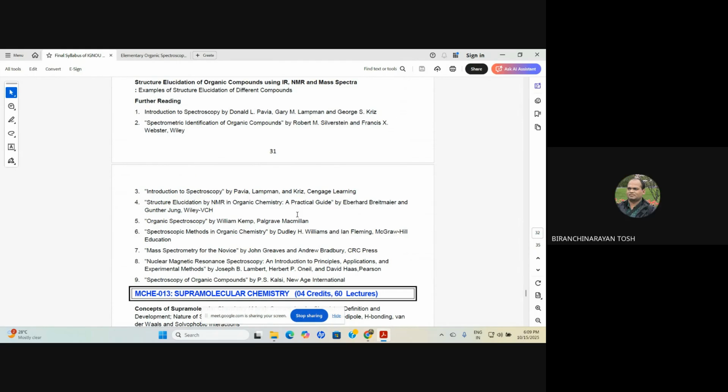What I am showing is the syllabus only. The syllabus page I am just showing on the screen. So whatever books are here for reference, you can see. The best book for you will be Organic Spectroscopy by Y.R. Sharma. I think you have gone through that one in your plus 3 or degree classes.